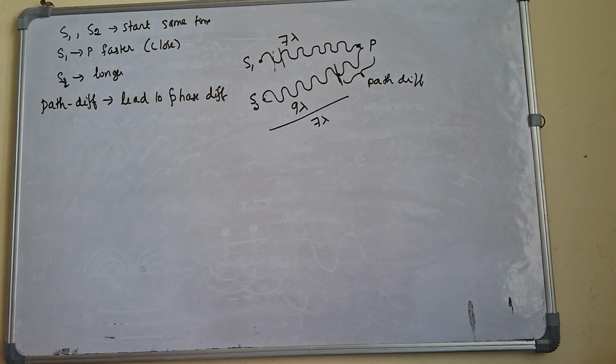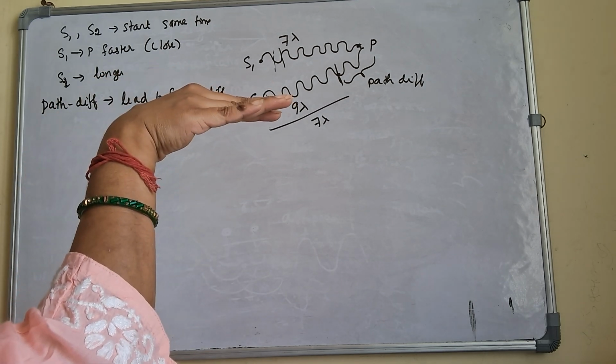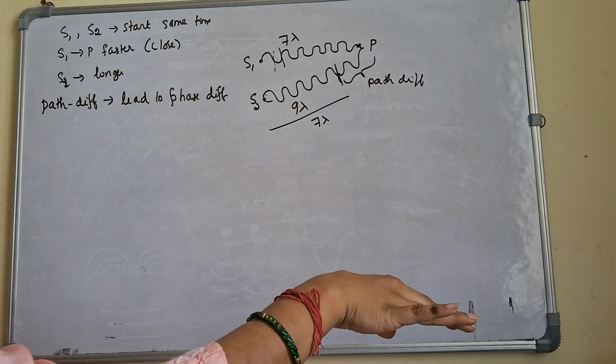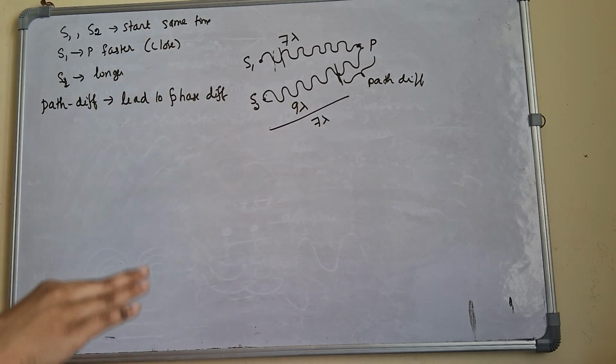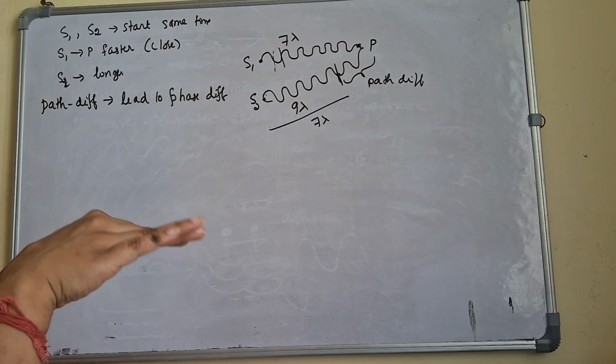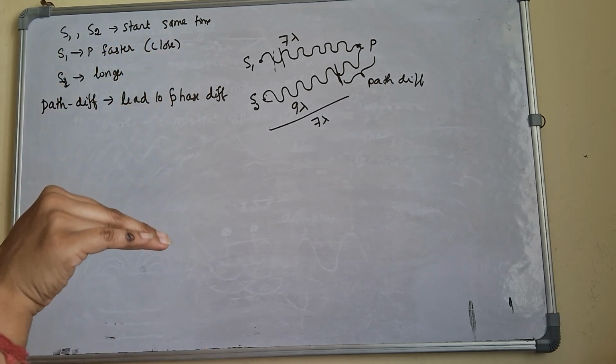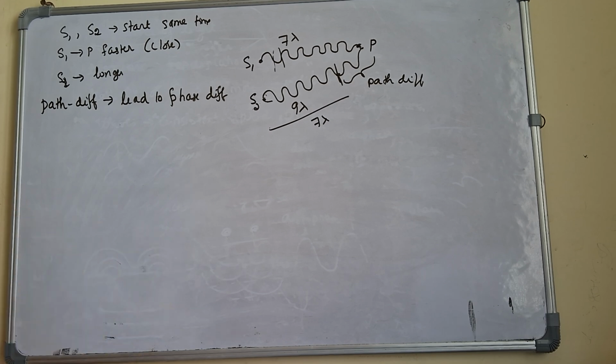So there will be a path difference, and it will always lead to a phase difference. What is phase difference? Phase difference means one wave has already reached its amplitude, the other wave is just starting, or it has reached its lower point, whatever it is. The states are not same. One wave has already reached its amplitude, maybe the other wave is in the opposite direction, it has not yet started, any time it is. That is the meaning of phase difference.